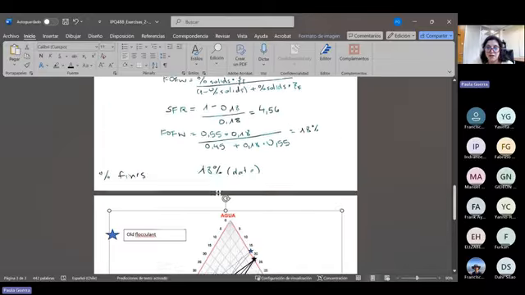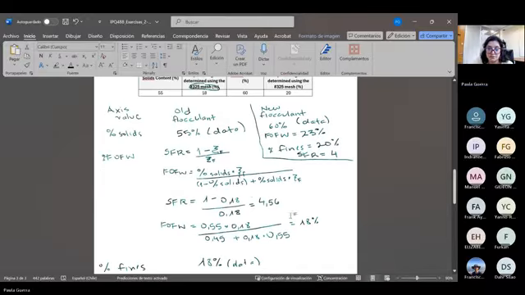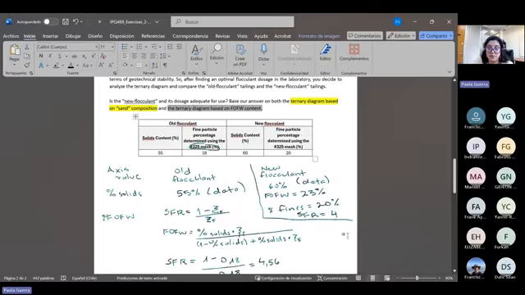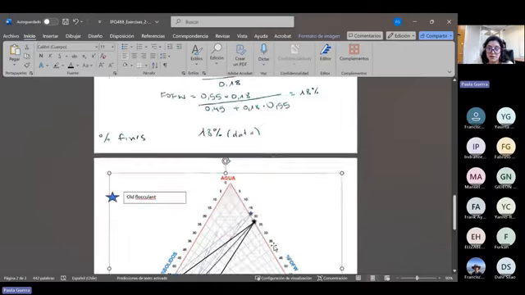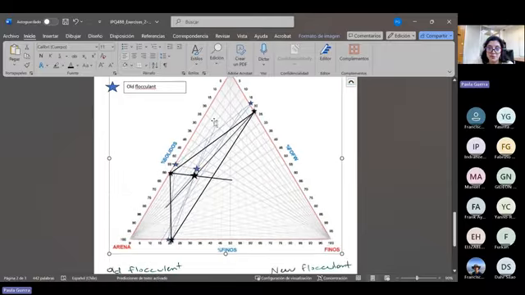Our SFR is actually bigger for the old flocculant than for the new flocculant. And on the other hand, both apparently are located in the stable zone.